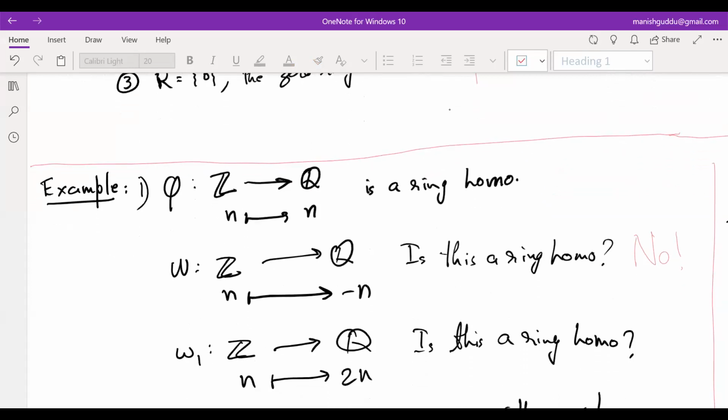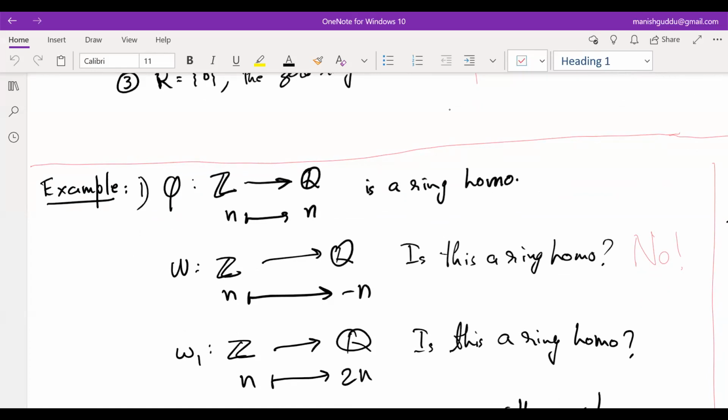Okay, and then this is the third map. How about this one, W1 from Z to Q, which sends n to 2n? You can take Z to Z as well. Is this a ring homomorphism? No. Which one fails? The multiplication.